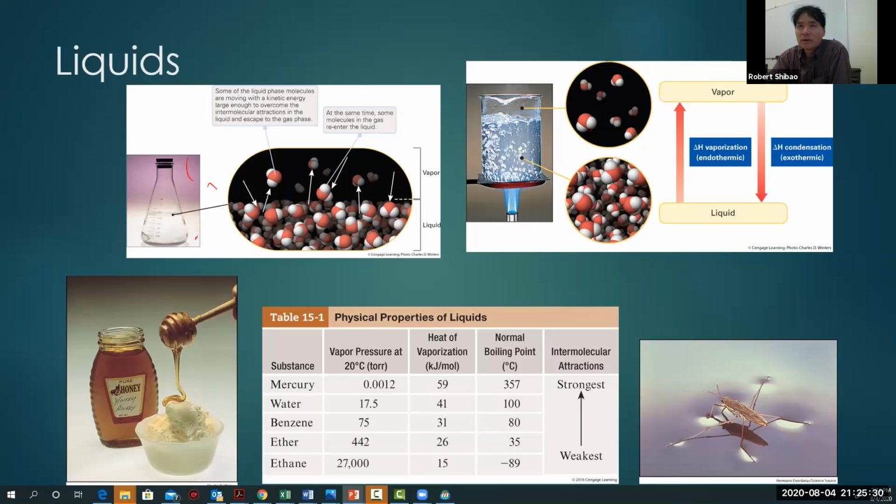And so to break these apart costs you a certain amount of energy. Like I used to know, delta H of vaporization, 44 kilojoules per mole. And so if it costs you 44 kilojoules per mole to break the water molecules apart to vaporize them, you're going to get that back. And so delta H of vaporization here is plus 44 kilojoules per mole. It's endothermic. It's actually 44.0.